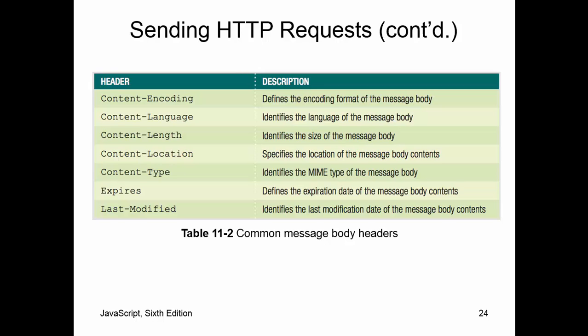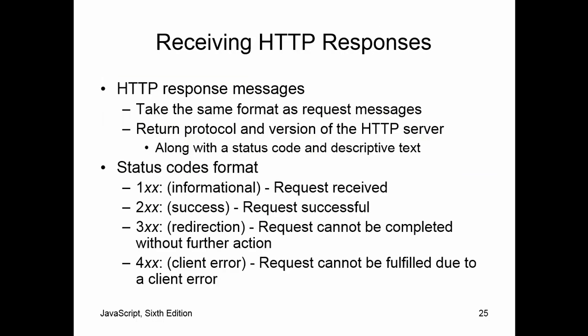Now, the whole thing that we talked about before is a request and response mechanism. You may want to check the HTTP response to make sure that it worked okay, so you can check it as it goes along its way. If the request is received, you will get some kind of status code in the 100s. If the request is successful, you'll get a status code within the 200s.